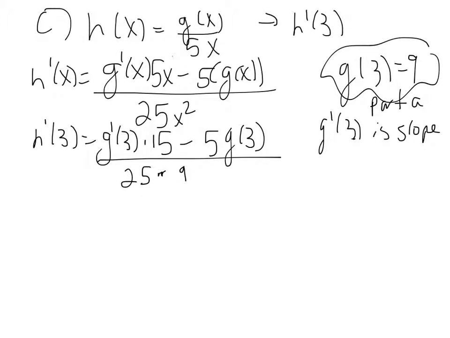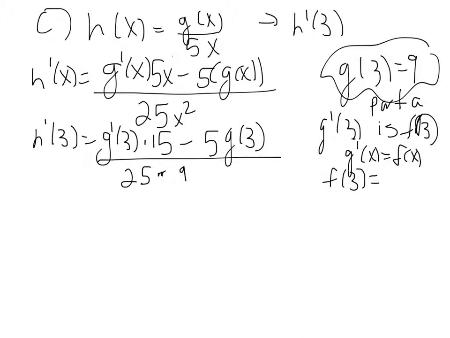I'm sorry, g prime of 3 is not the slope. G prime of 3 is f of 3, because we know that g prime of x equals f of x. So f of 3, we found that, was -2.